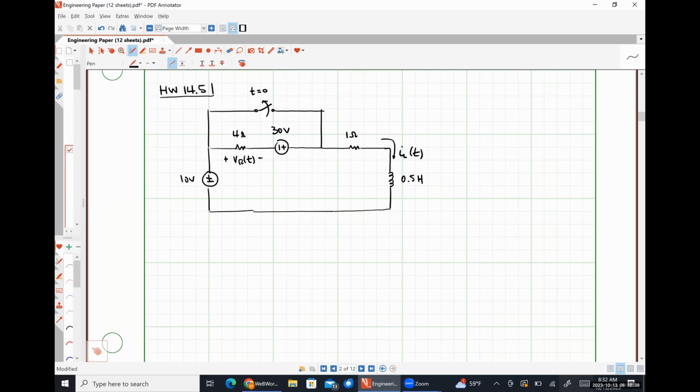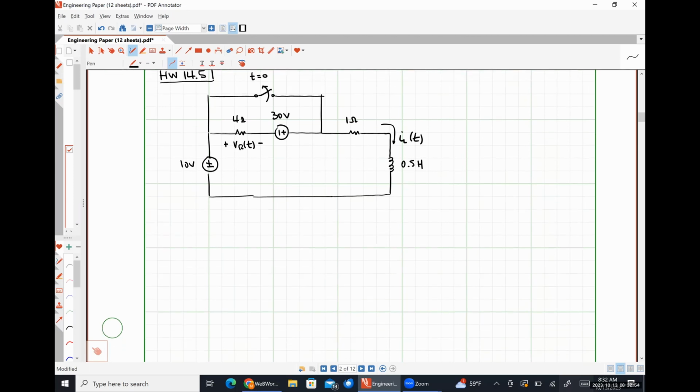So first, is this going to be a total response or a natural response problem? A total response problem, because the 10-volt source on the left-hand side is always connected. So this is a total response problem, okay?